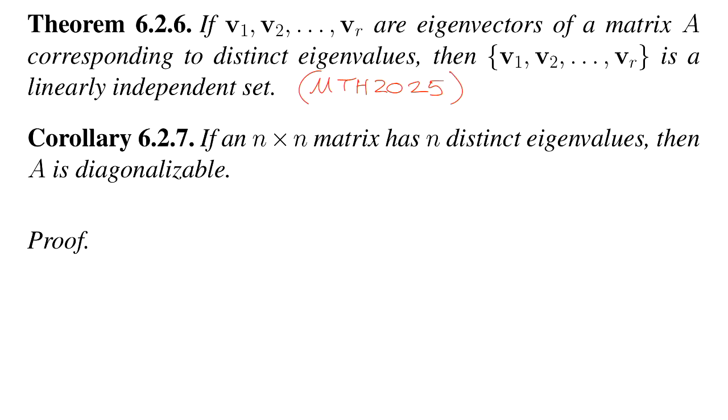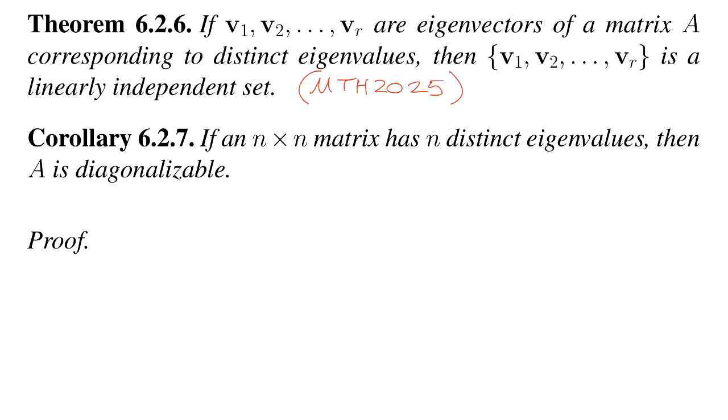Now, one consequence of that is usually one of the first things people know about eigenvectors, because when it does apply, the statement's always true and it makes life easy. The statement is that if you've got an n by n matrix and all the eigenvalues are distinct, then A is definitely diagonalizable. That follows essentially immediately, because if all the eigenvalues are distinct, you can write down one eigenvector for each eigenvalue.